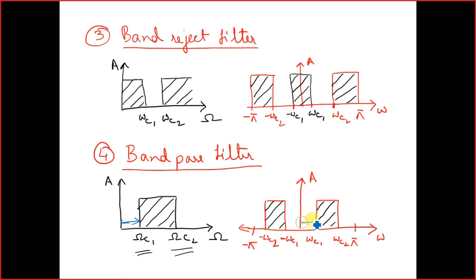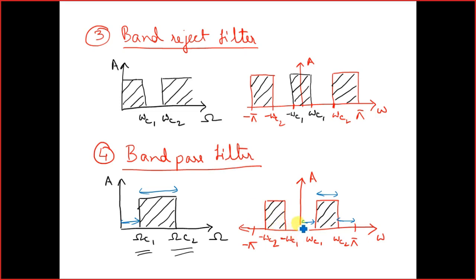So from here 0 to omega C1 is 0. Then omega C1 to omega C2, I have a high response. Here also I have a high response. And again omega C2 to higher frequencies is 0. Over here omega C2 to pi, it will be 0. The same thing will be replicated in the negative domain.